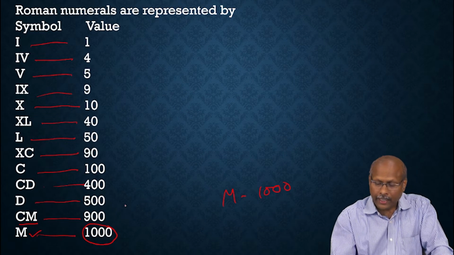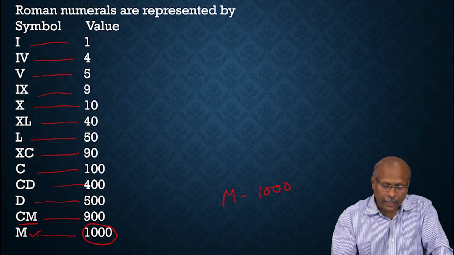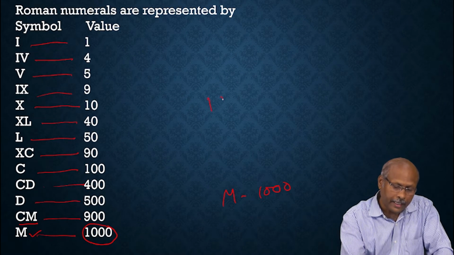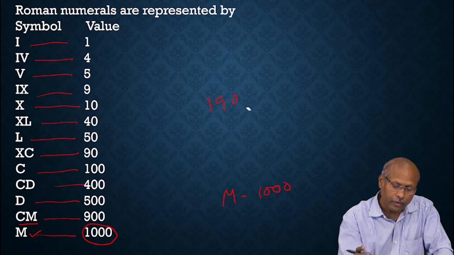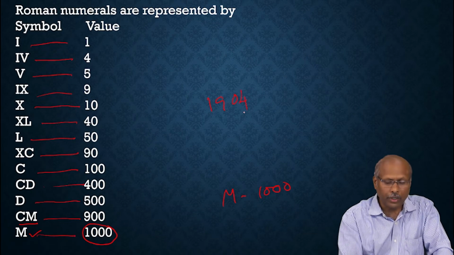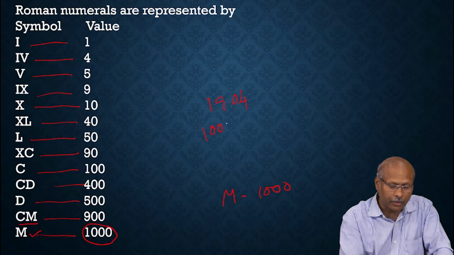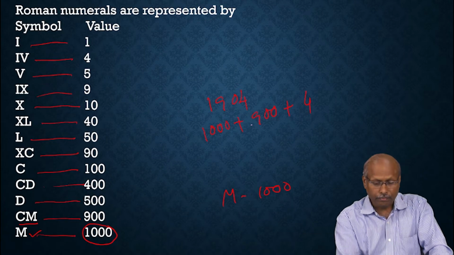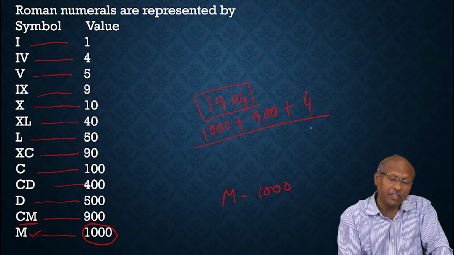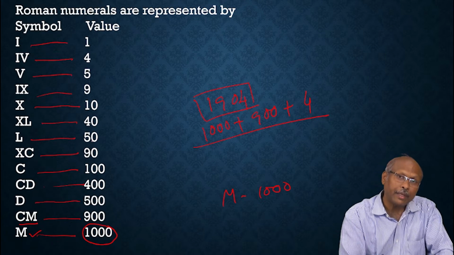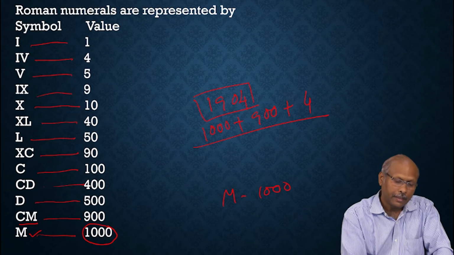When the value is 1904, you convert it into 1000 plus 900 plus 4. Why convert it in this form? Because these are the available Roman numbers with their corresponding values.